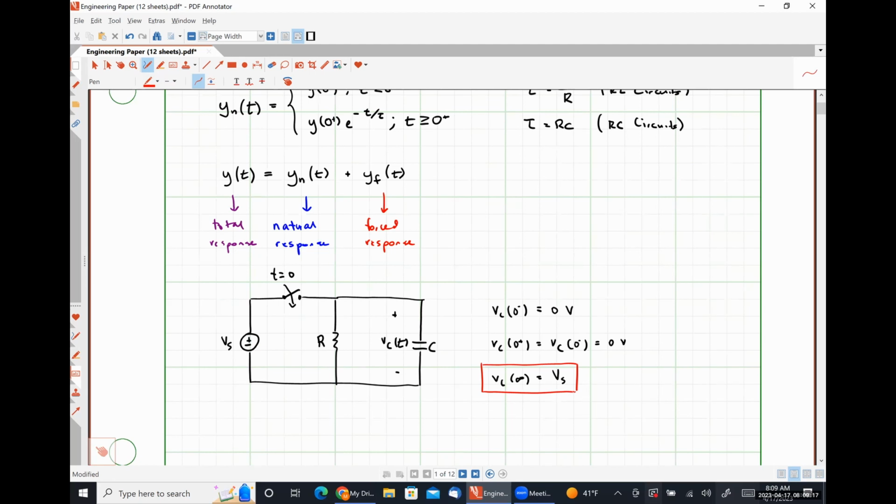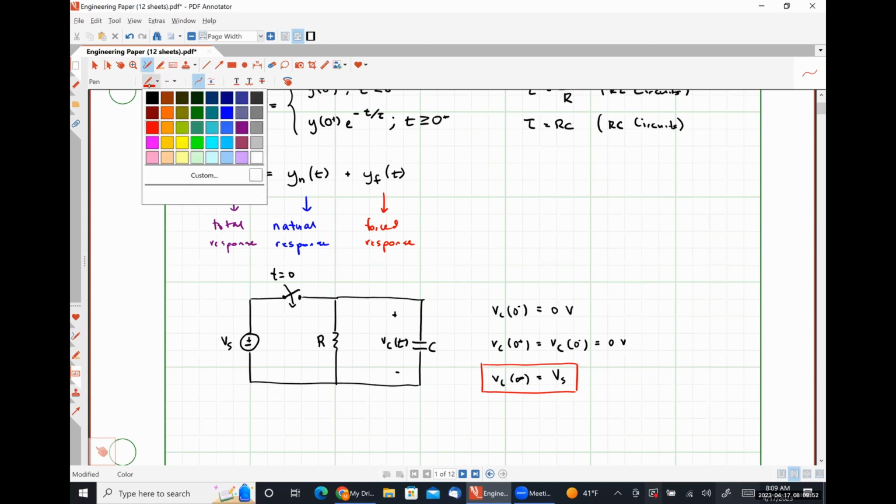We have a forcing function, which is the voltage source, that is forcing the capacitor voltage to take some non-zero value at t is equal to infinity, or a long time after the switch has changed state, right? So that's literally all our forced response is. One way to think about what we did on Friday is to say that our forced response was simply 0, because there was no forcing function making it be non-zero, okay?